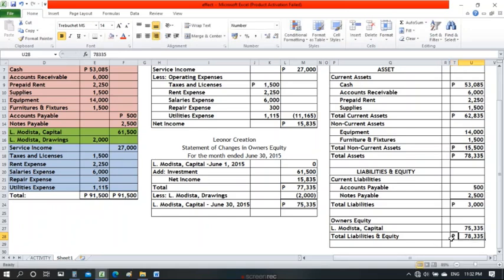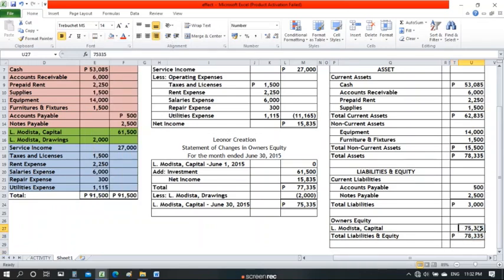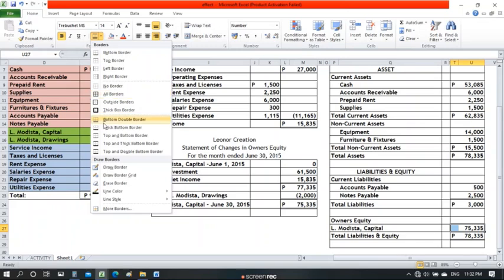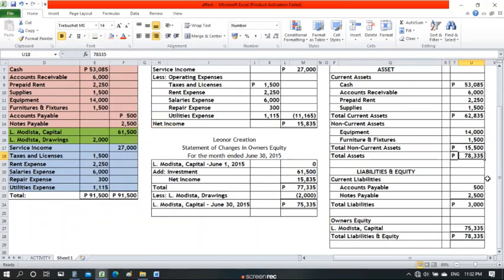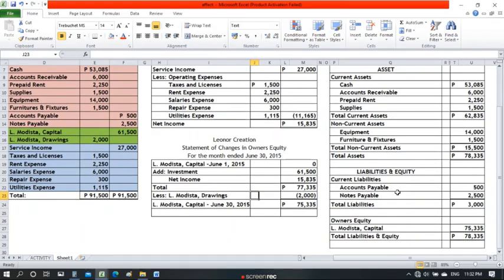It should equal the total asset, meaning you prepared the financial statement correctly. You can breathe easy, meaning it balances, meaning it is correct. If it did not balance, meaning you have a mistake in your earlier preparation of the financial statement. See, total asset equals liabilities and equity.